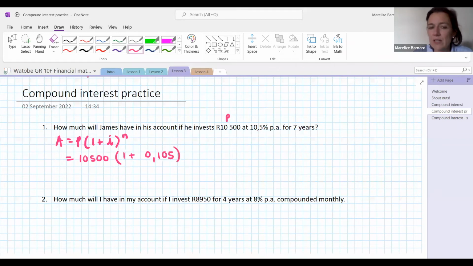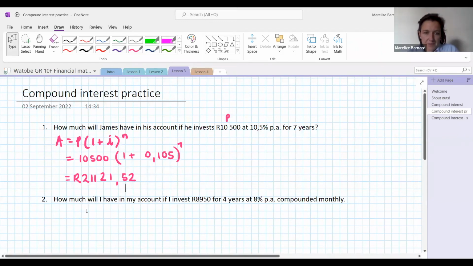Since it's just annually, we don't have to worry about dividing the interest rate. It's just 1 plus the rate, to the power of 7. And I agree with you. I also get 21121,52. Okay, great.